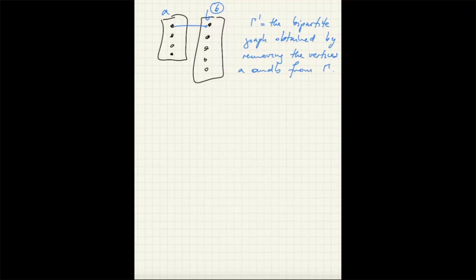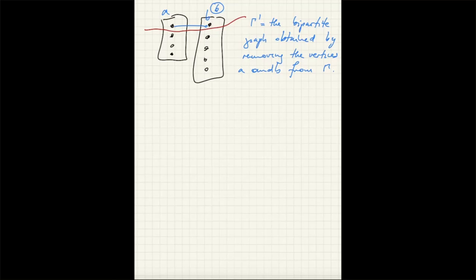Like I said before, it's just everything that you will see below the red line. We delete the vertex A, delete the vertex B, and we delete any edges that may involve them.